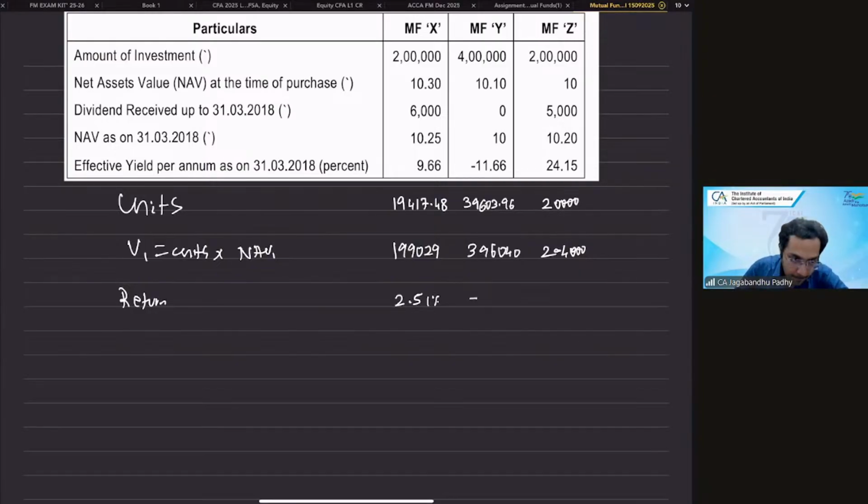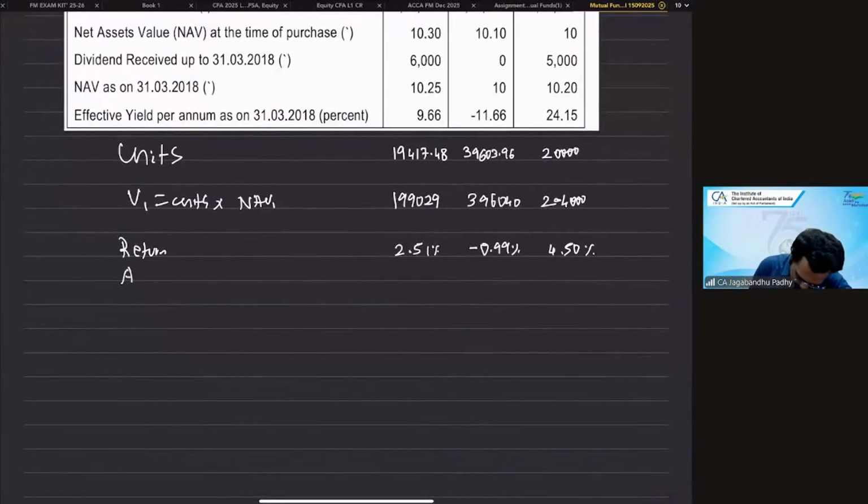Minus 0.99%. Then mutual fund Z, 4.5% positive. And only the middle one is negative, minus 0.99 for Y.